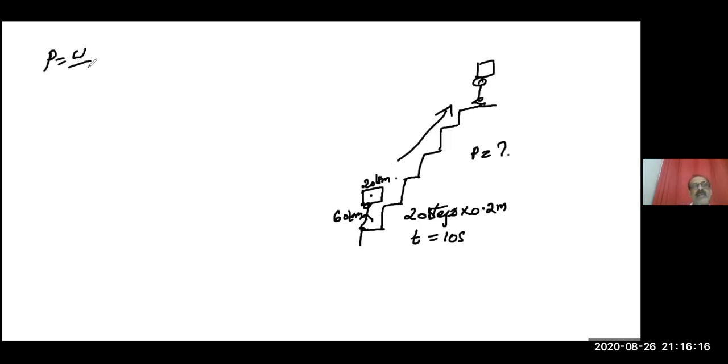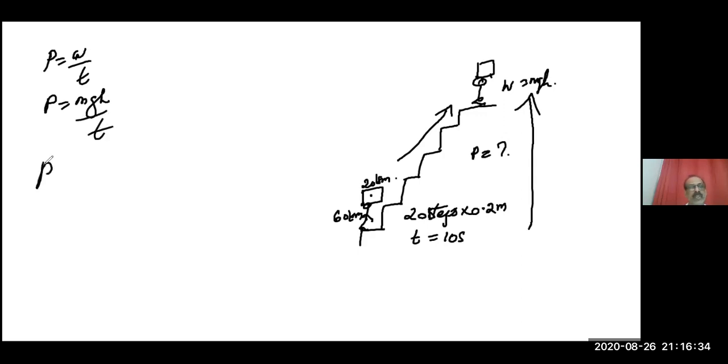Power is equal to work by time. Here we know the work done in going this way to the height or straight away here, both are the same. So work is equal to mgh, so we can do mgh by time. So power is equal to mass, man's weight plus this 20 kilograms, so 80 kilogram. 80 into 10 into height.